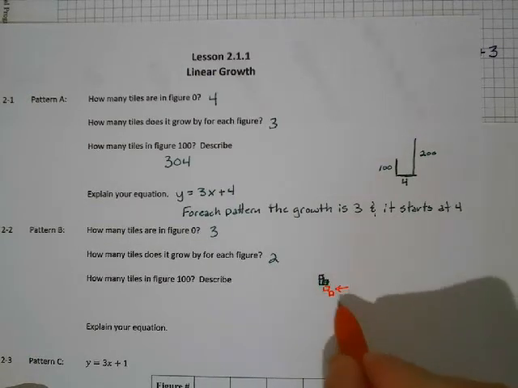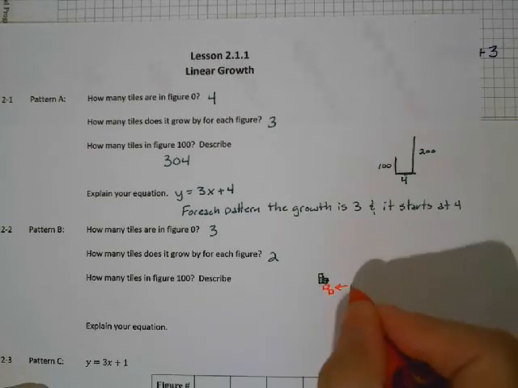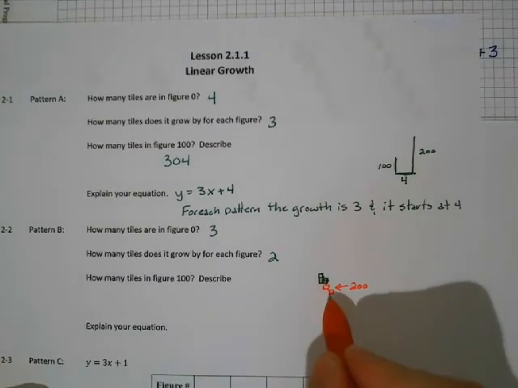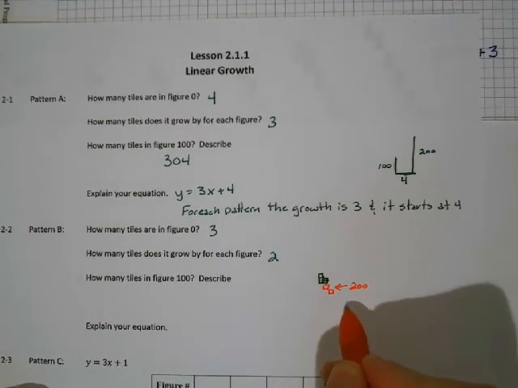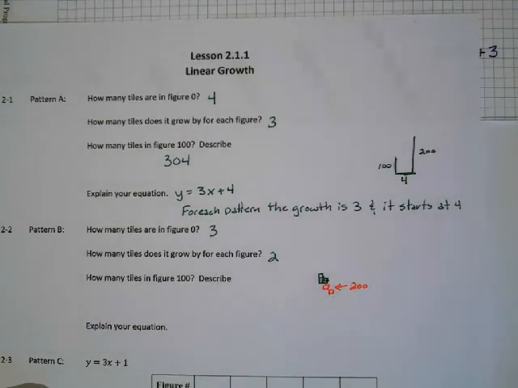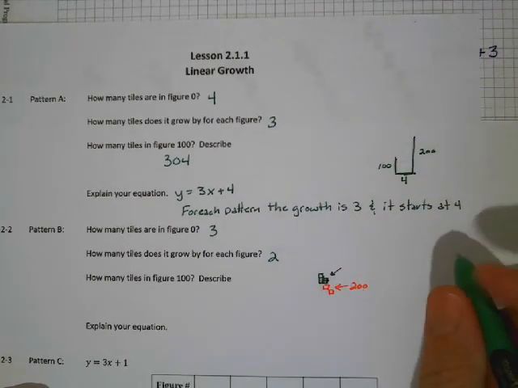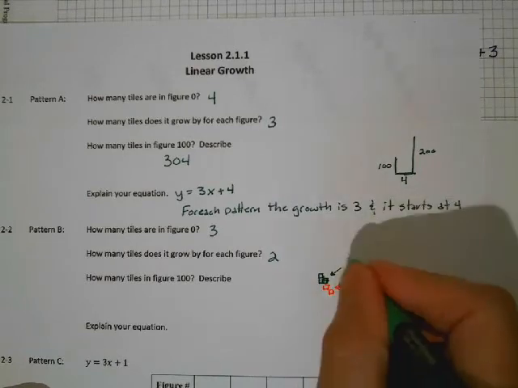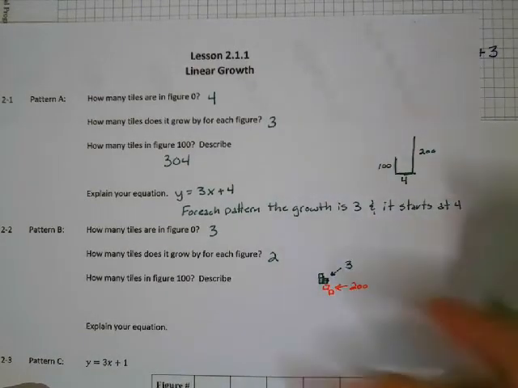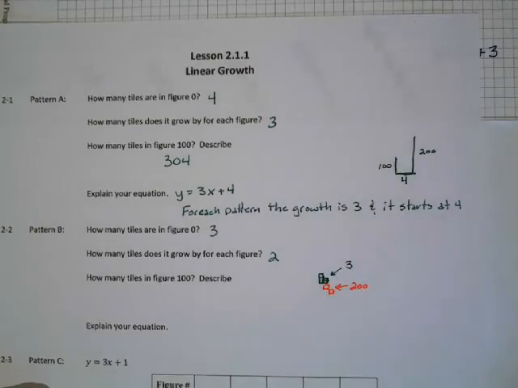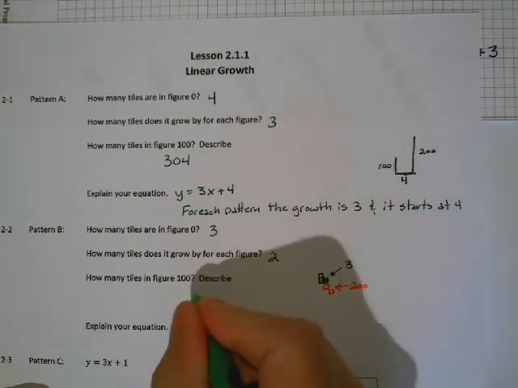Now, since there's 2 of those, that means I'd have 200 of those extra tails that were added every single time. But up here, these first 3 blocks, tiles, they didn't change. So I'm thinking that in my 100th figure, I should have 203 tiles in it. So I'm going to say 203.